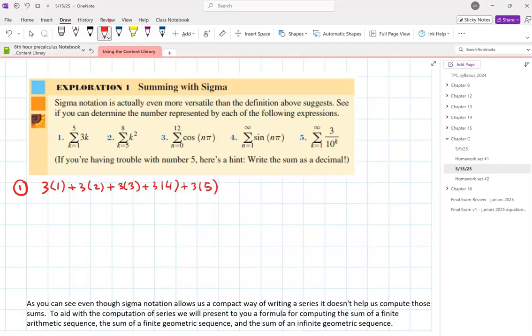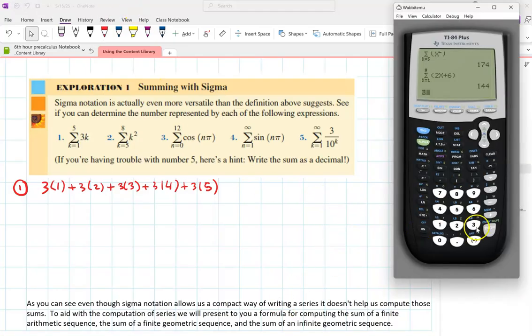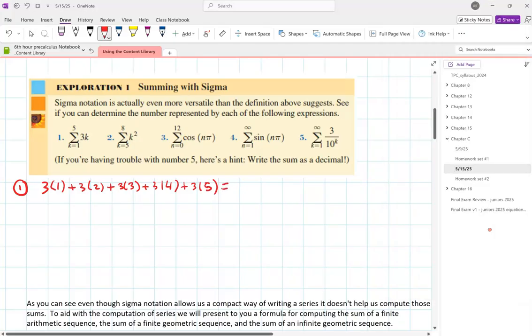Everybody's okay with how I converted the sigma notation into an addition problem? Now that I've turned it into an addition problem, I can just add those things up on my calculator, and we get 45. What do you guys think? No big deal? Let's keep going, do some more.